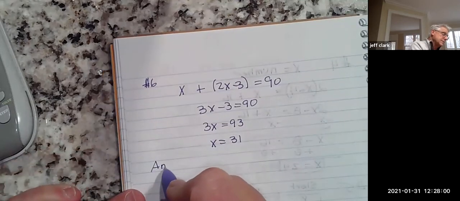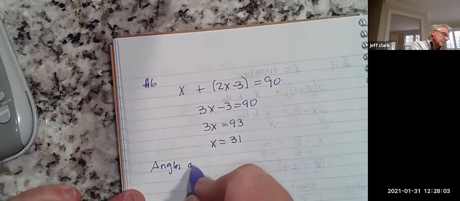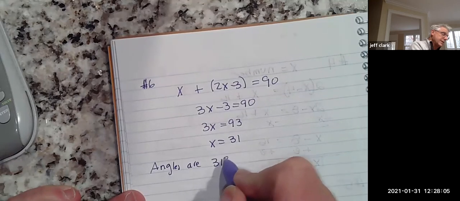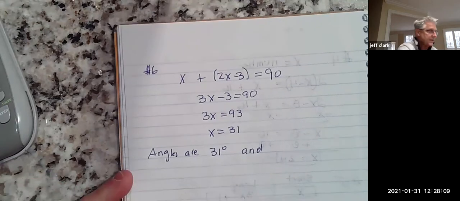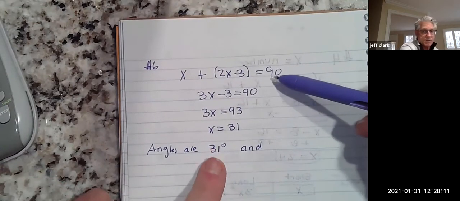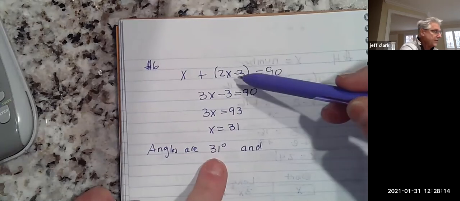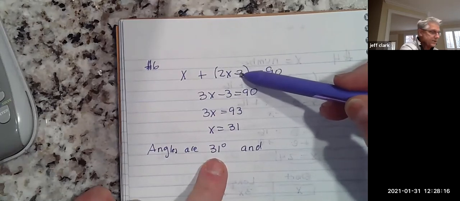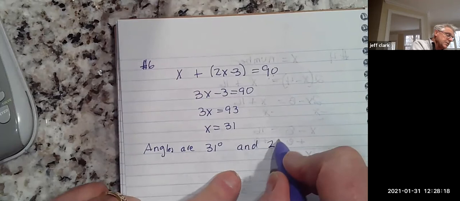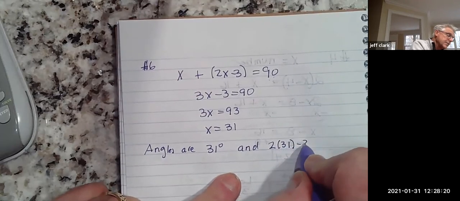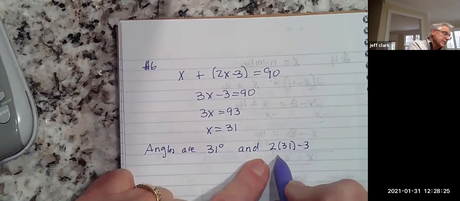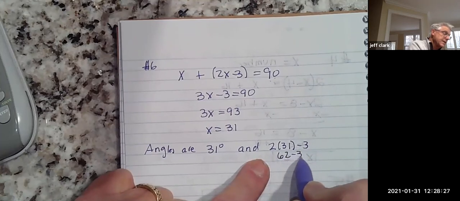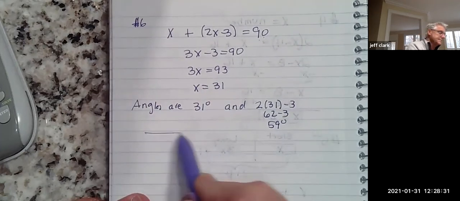And now you need to make up the leftover between these 2 right here. You can subtract them, or you can put 31 in this and come up with your result. I'll do that. You can take 2 times 31, subtract 3, and this will give you your leftover, which is 62 subtract 3, 59 degrees.